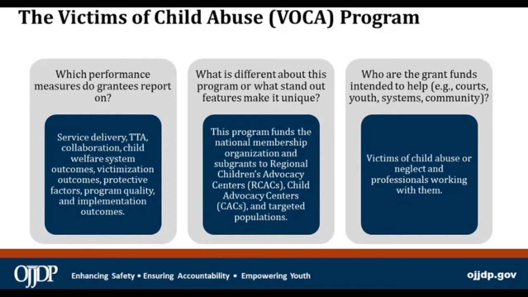What is different about this program, or what standout features make it unique? This program funds the National Membership Organization and subgrants to regional children's advocacy centers, child advocacy centers, and targeted populations. And who are the grant funds intended to help? They're intended to help victims of child abuse or neglect and professionals working with them.